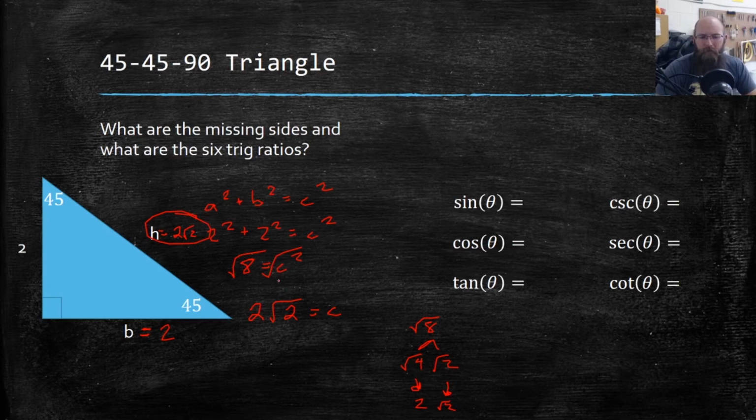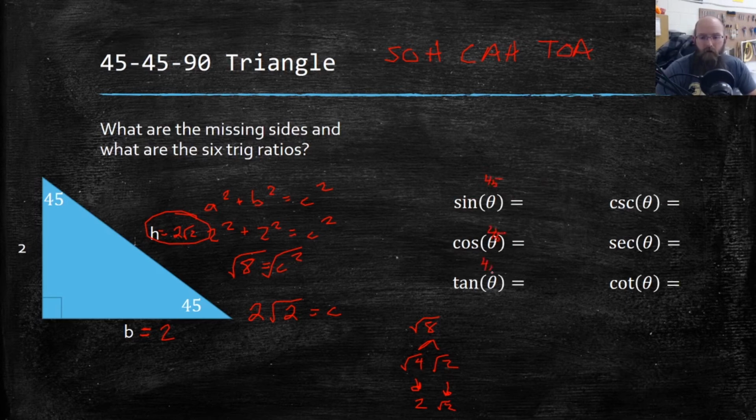Might be some cleaning up, but we'll see what happens. So sine, or SOH CAH TOA. Just love saying that. Anyway, sine is opposite over hypotenuse. And remember, this is a sine of 45 degrees for all of these now.